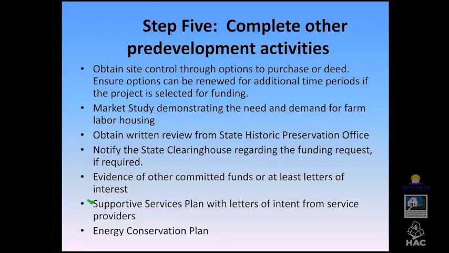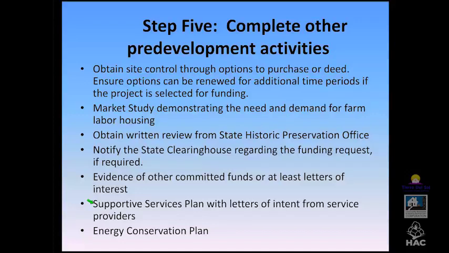Okay. You will get 2 points typically for each supportive service that you have at your property, and these do not necessarily have to be at your property. They can be community-based services that you will link your tenants up with. For instance, maybe there's a homebuyer education class that's free, that's at the community center, and you're going to refer people there.